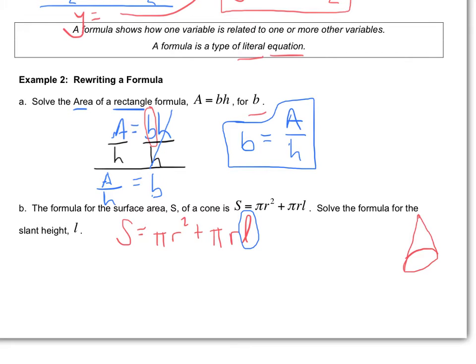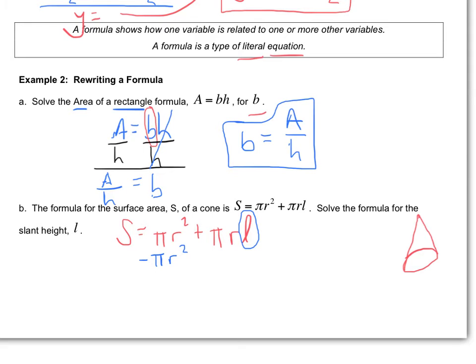So very first thing, again, we see a couple of different operations. I see multiplication, pi times r times L, or pi r times L. Over here I see adding pi r squared. So in SADMAP I would take care of this addition first, and I need to move that to the other side.